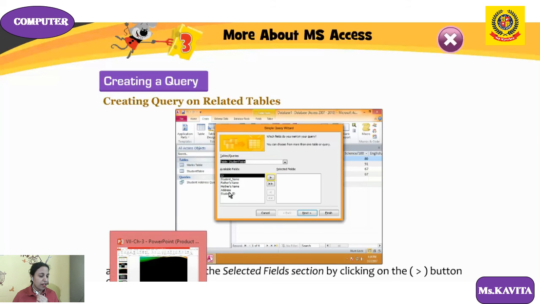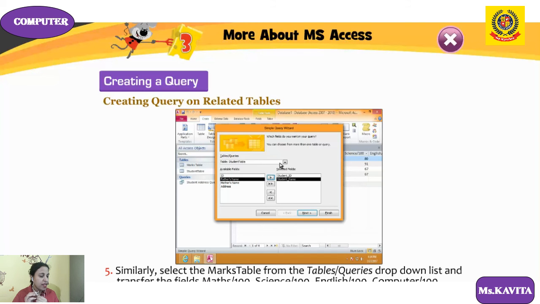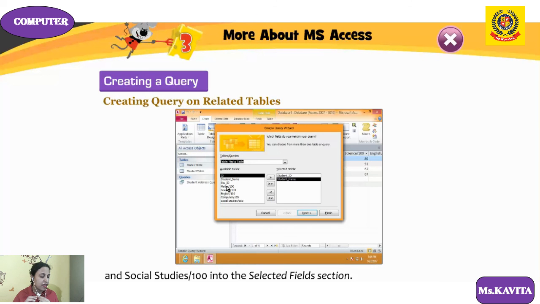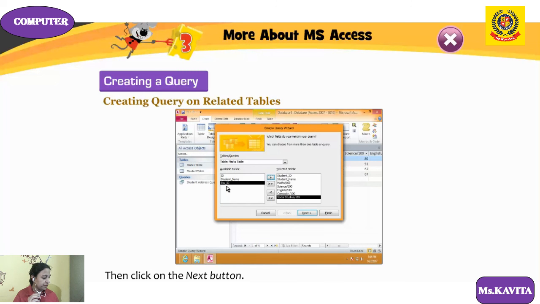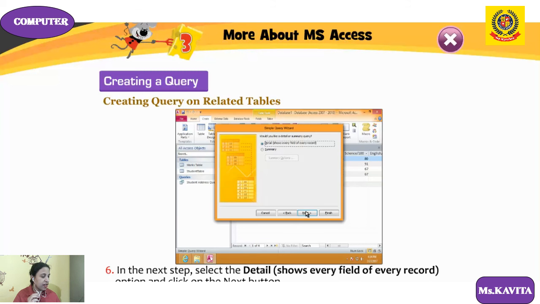Similarly, select the marks table from the Tables and Queries drop down list and transfer the fields, maths, science, English, social studies, into the Selected Fields section. Then click on the Next button.